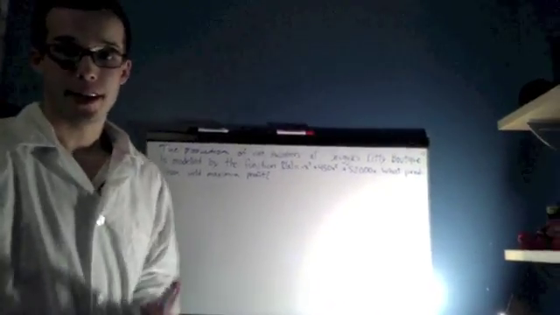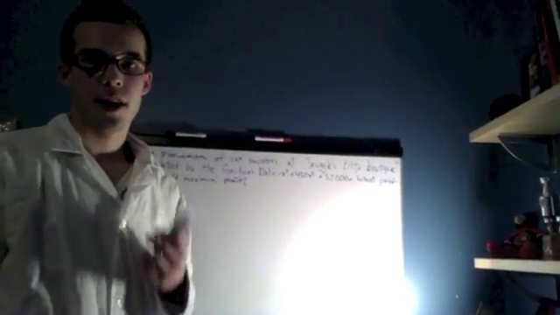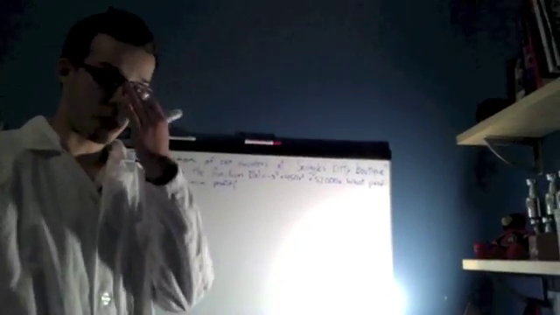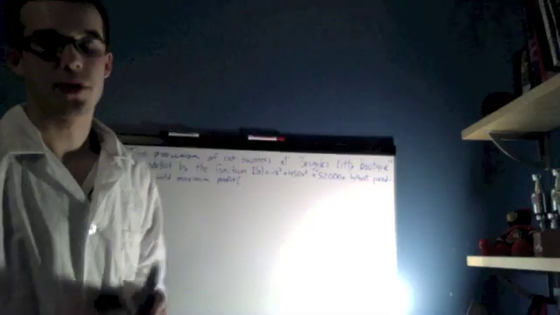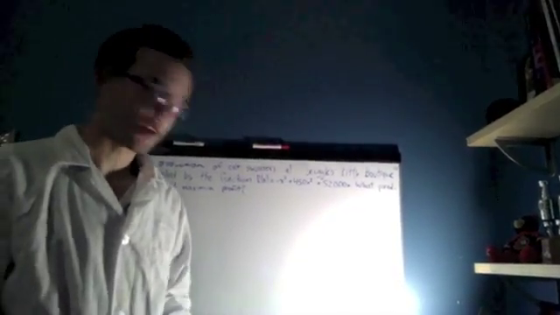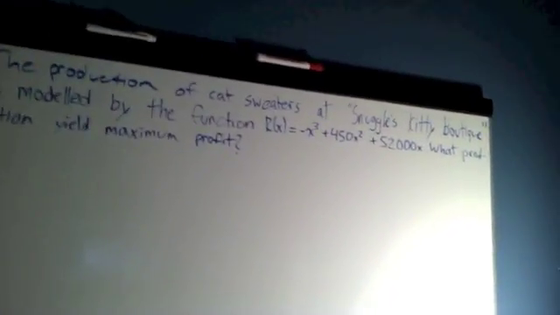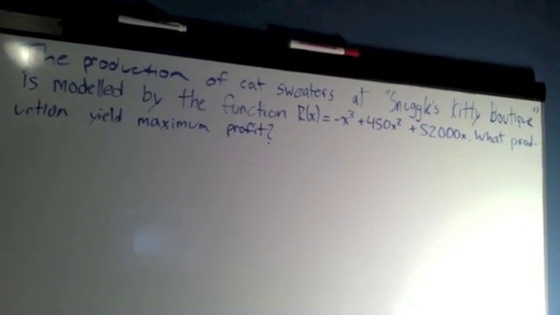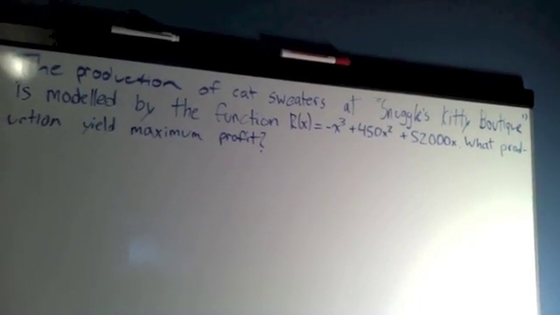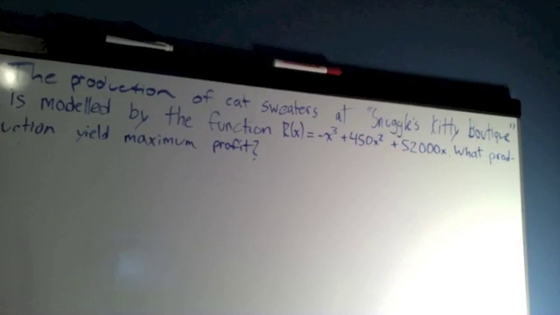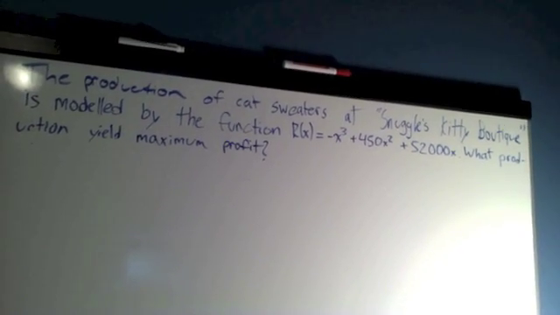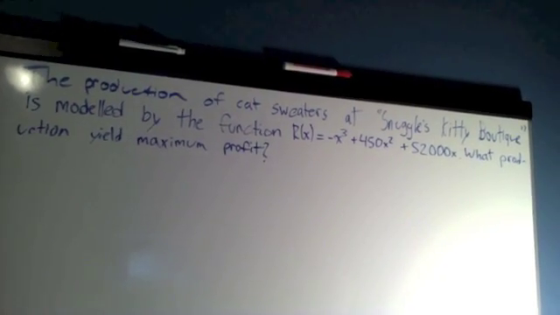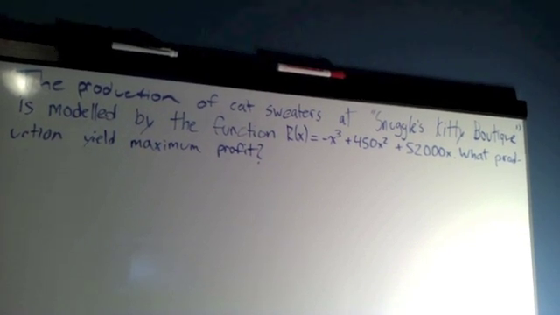In business, this concept of finding extreme points can be used to optimize revenue. This is a branch of calculus called optimization. If we look at this example right here, the production of cat sweaters at Snuggles Kitty Boutique is modeled by the function R of x, revenue with respect to x, where x is the number of cat sweaters sold, is negative x cubed plus 450x squared plus 52,000x.